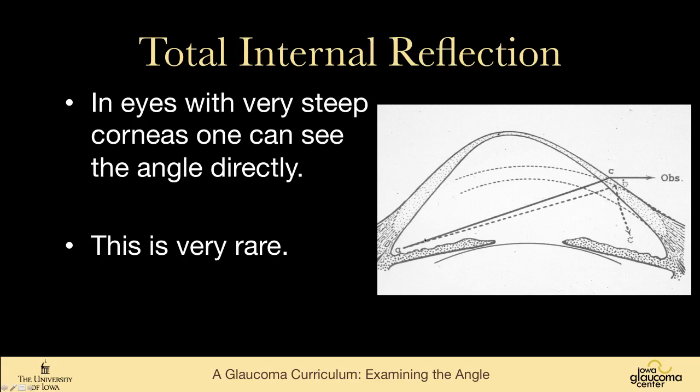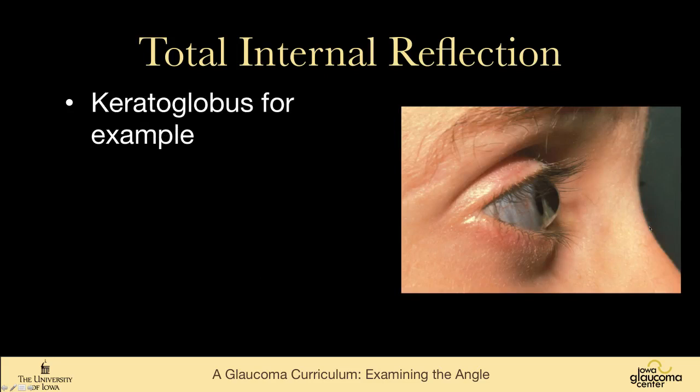This is the light coming from the angle and is visible to the observer because the cornea is so steep. And this would be in the case of something like keratoglobus, for example, but that's something that you're not going to see very often in your clinic. So you need to have a way of overcoming total internal reflection.